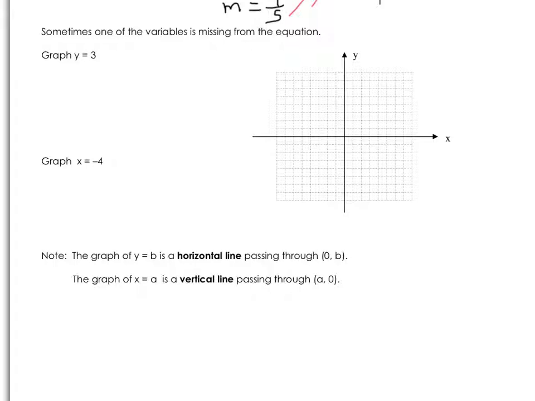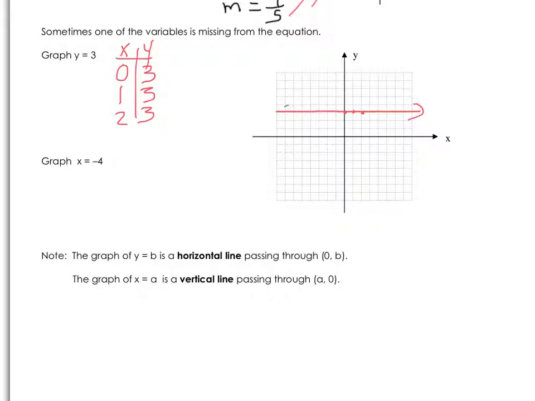So if you have to graph y equals 3, I'm going back to the first method where we just make a t-chart and we plot 3 points. Y is 3. Y is always 3. It does not matter what x is. We can let x be anything. How about 0, 1, and 2? So that gives us 0, 3, 1, and 3, 2, and 3.